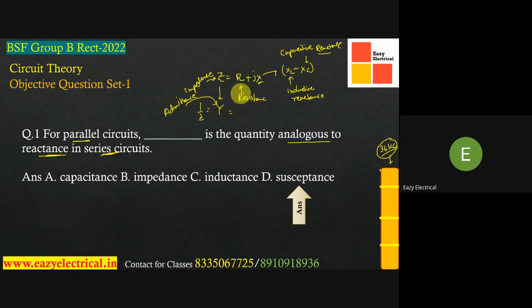These other two terms we write as G plus j(BL minus BC). G means reciprocal of resistance, that means conductance. Now, this BL minus BC is basic.